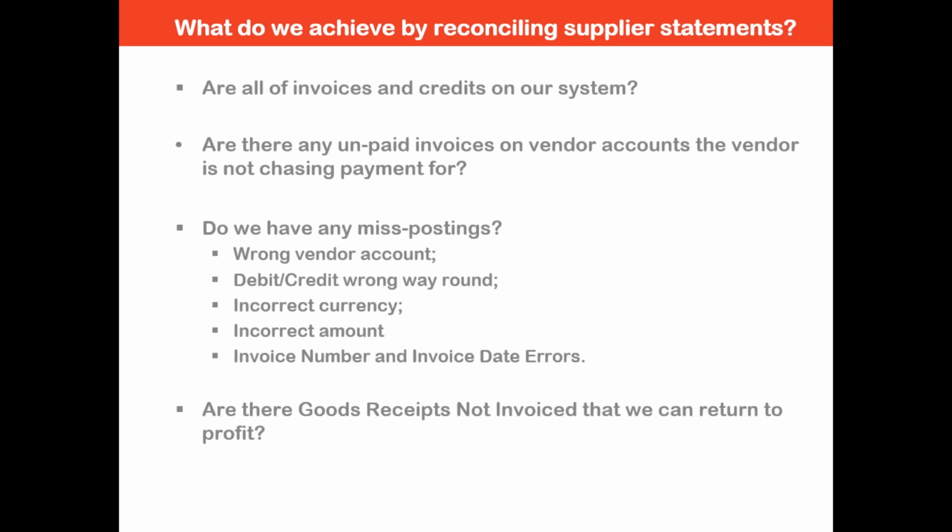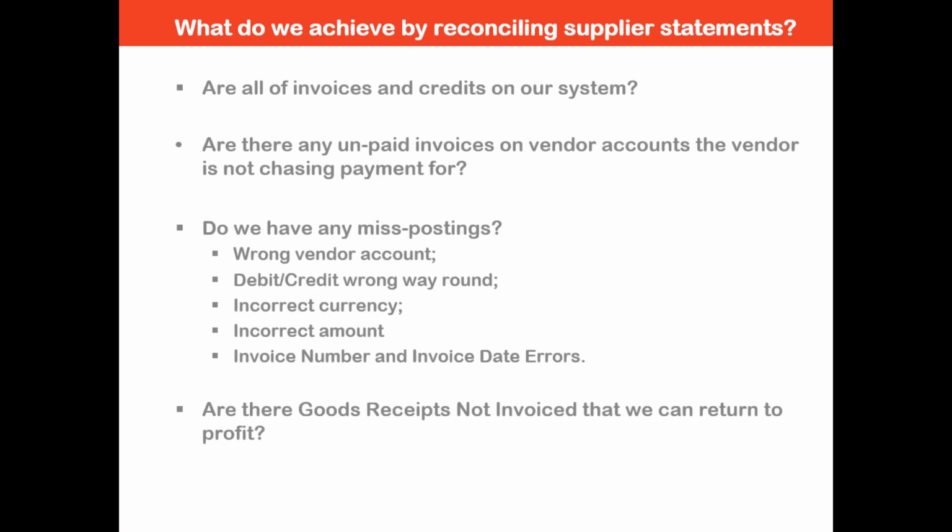I could have debits and credits the wrong way round, where it's an invoice on the statement and I've got it on my system as a credit, or vice versa. Incorrect currencies, incorrect amounts. It could be higher on my system than it is on the statement, and vice versa. But these are all things that we can actually highlight by looking at the statement.